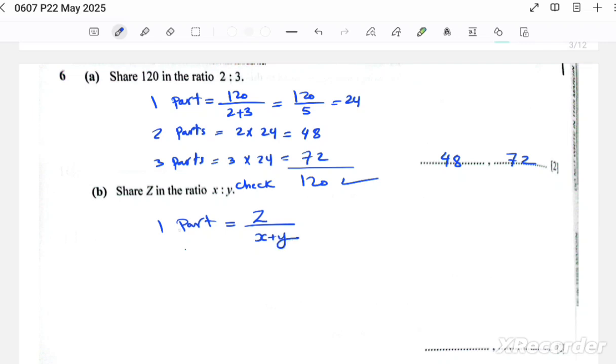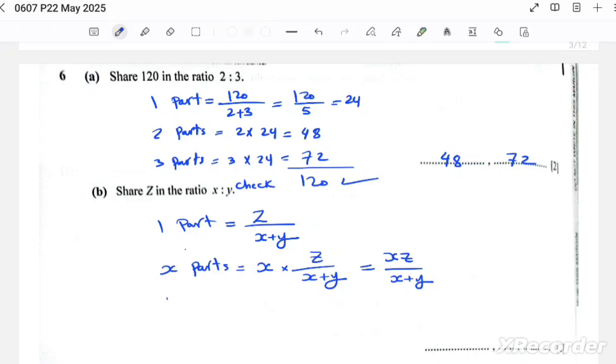How about x parts? So x parts equals x times the one part, which is z over x plus y. So the answer is xz over x plus y.